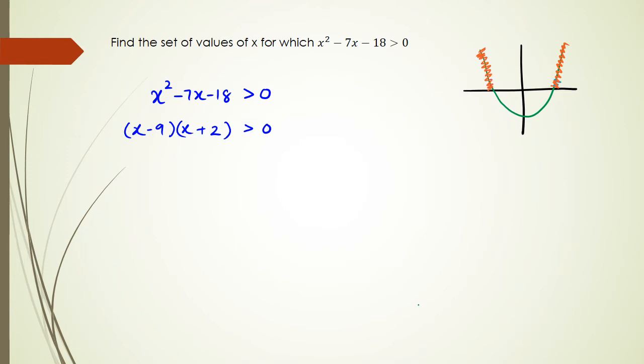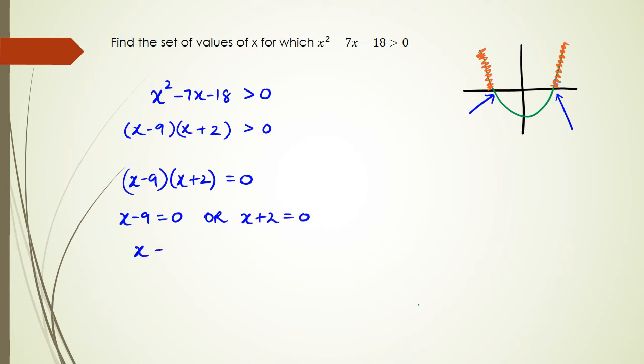So what we have to do is look at these 2 points here. We have to first work out at what values of x the parabola is equal to 0. Now this is where factorizing comes into play. So we're going to do x minus 9, x plus 2 equals 0, and from here we can see that x minus 9 equals 0 or x plus 2 equals 0.